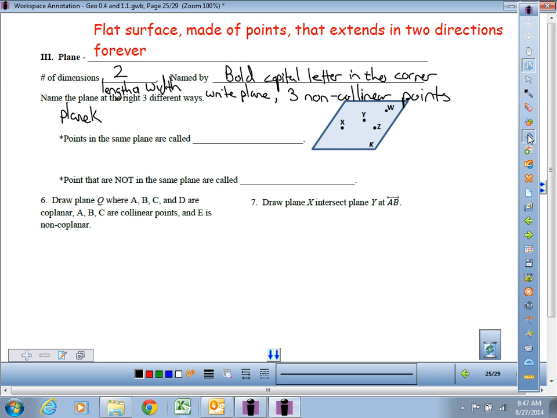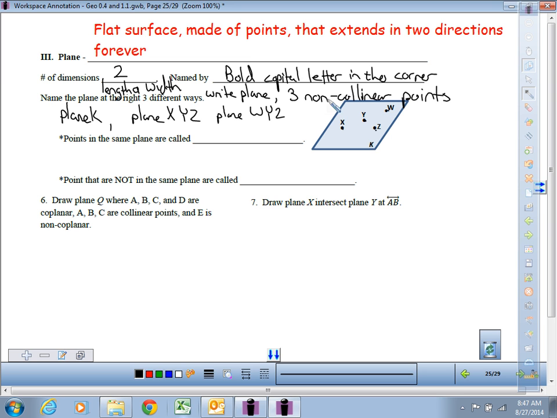I would not pick X, Y, and W because they look collinear. I'd take X, Y, and Z. Those are non-collinear, and kind of form a little triangle. So it's still plane K, but it's also plane XYZ. Another way is to pick three different non-collinear points like W, Y, and Z, so we could also call this plane WYZ, plane ZYW, plane YZW. It doesn't matter what order.